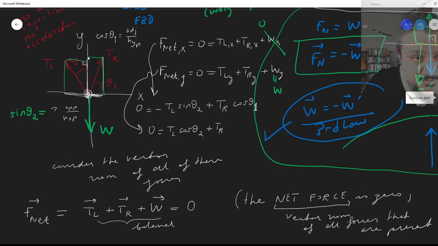This side is equal to that side in a rectangle, so TR sine theta 1. And then one more. What is that? W. Is it W or is it negative W? It's pointing downward, right? Negative W. Those are my equations.